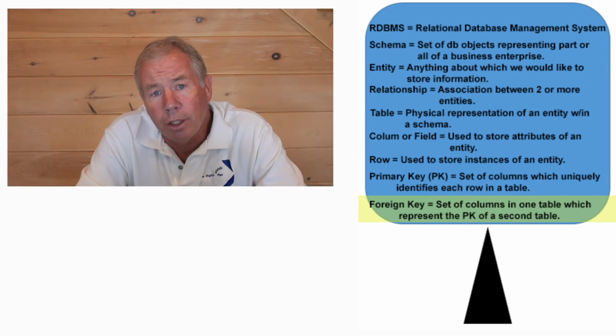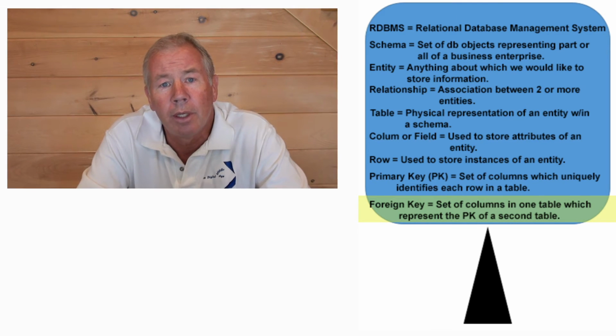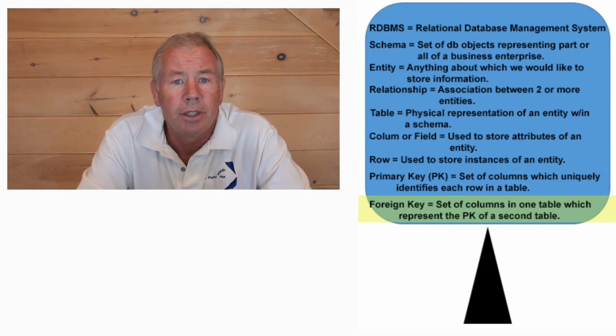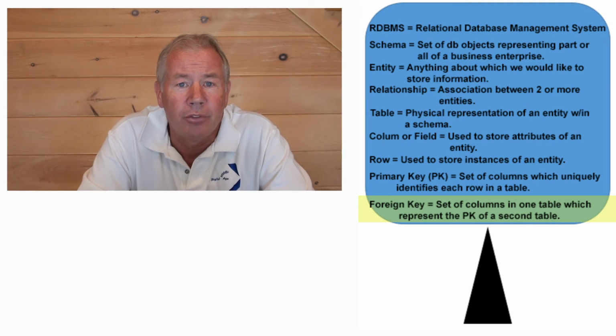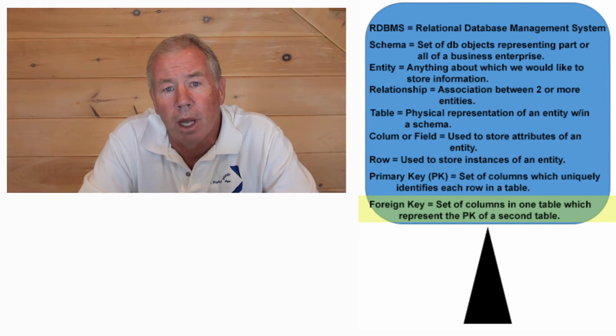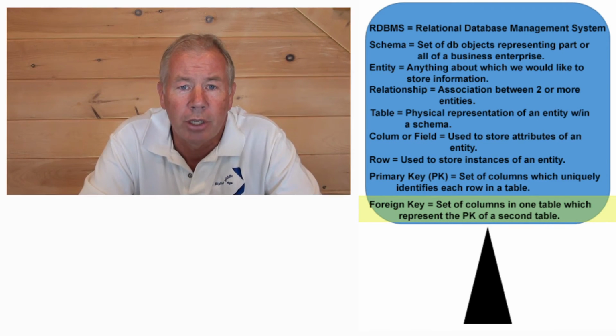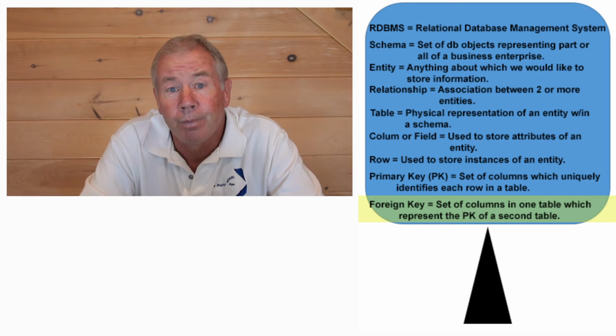Next term, foreign key. A foreign key is that set of attributes within one table which is the primary key of a second table. It's the method by which these relationships are realized. For example, we might have the primary key of the customers table be customer ID.